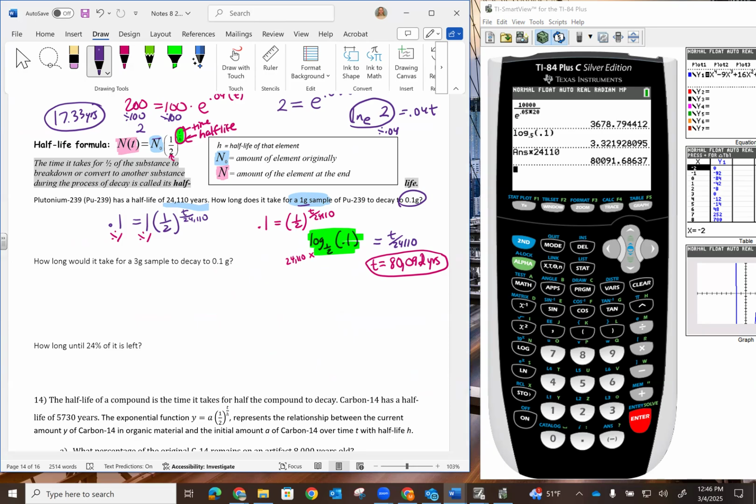Okay, and so I feel like we should do the next 2 questions, okay? They're the same, so if you can kind of get the gist, that helps as well.